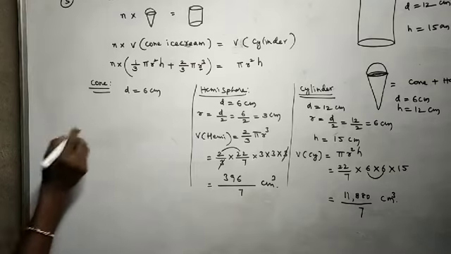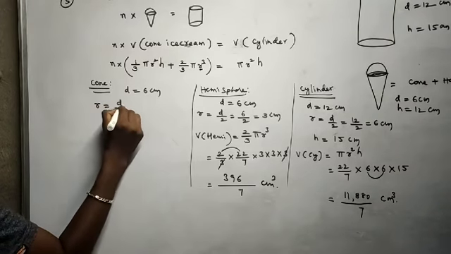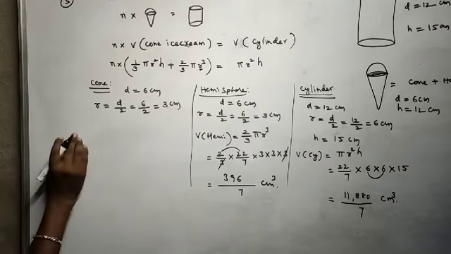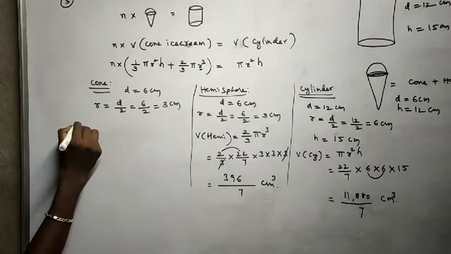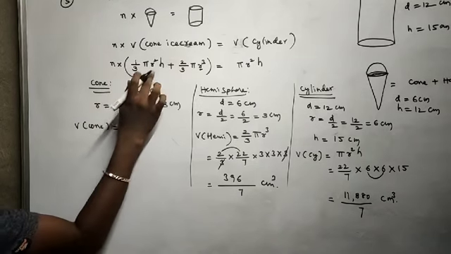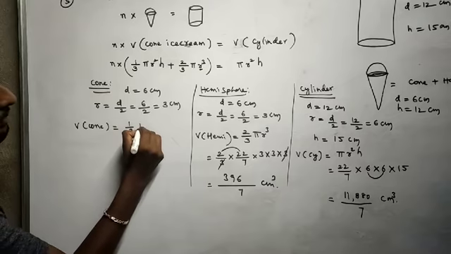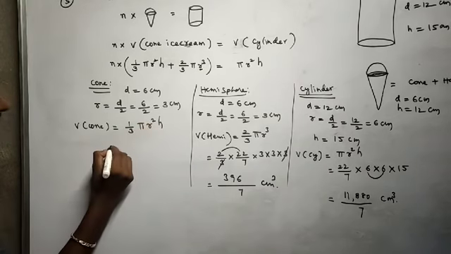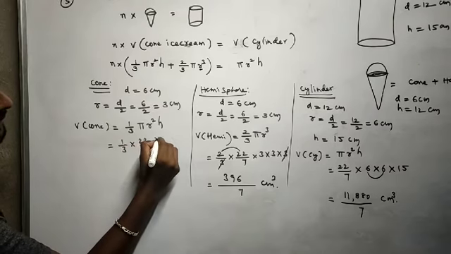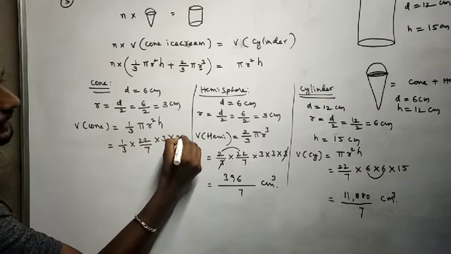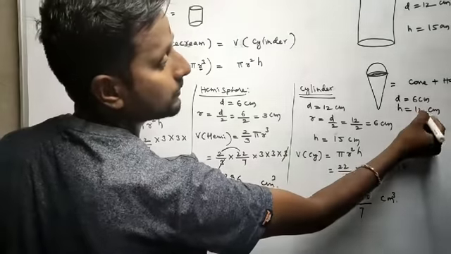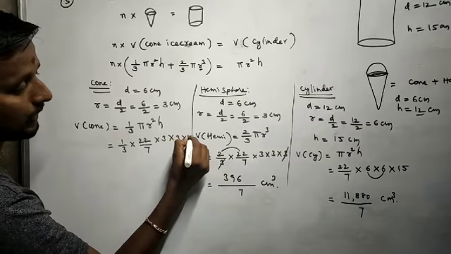Next, same, R is equal to D by 2, so it is 6 by 2, 3 centimeters. The volume of the cone formula is 1 by 3 pi r square h. So 1 by 3 into pi value 22 by 7, r square 3 into 3, into h value 12.